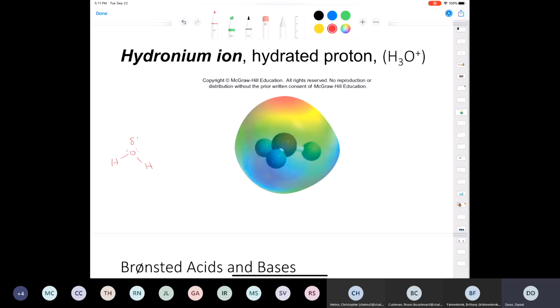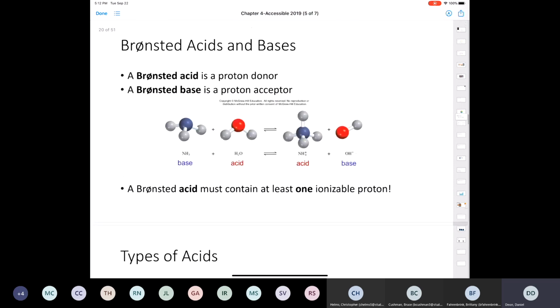Oxygen is more electronegative than hydrogen, and so it has that partial negative charge, and that actually attracts the H+, and what you end up with is H3O plus, like that. So a hydronium ion. All right, let's move on from there.